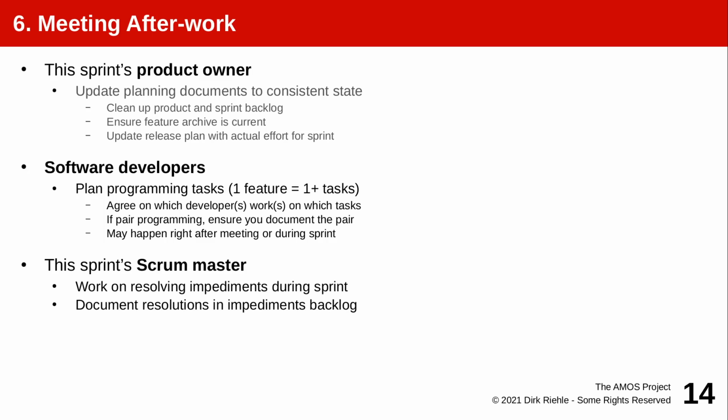So Scrum in the real world with longer sprints than 1 week often makes a distinction between the feature that a user can understand and how it is broken down into multiple programming tasks that the developers understand. The product owner does not have to define the programming tasks. The developers do that after the team meeting.